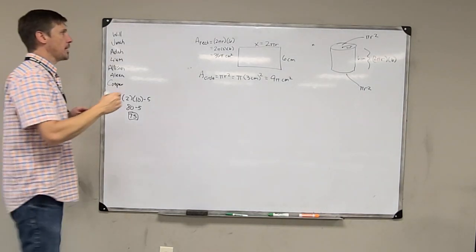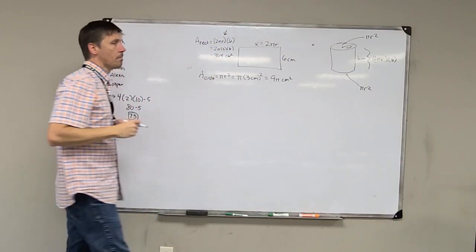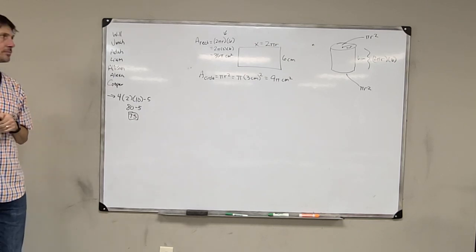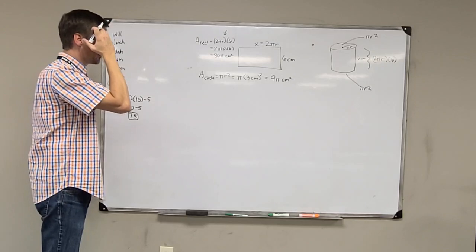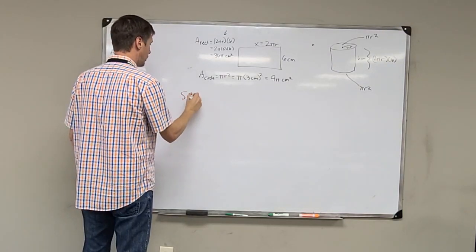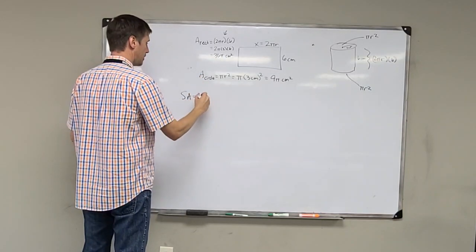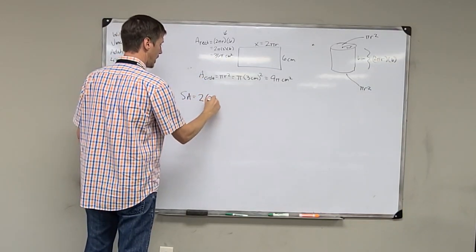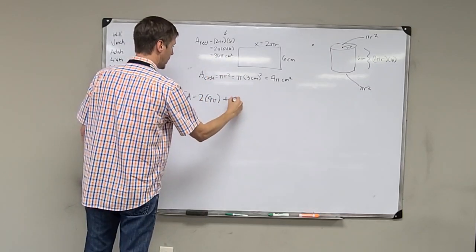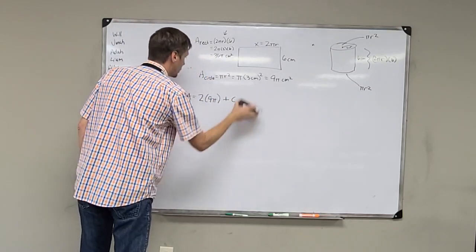Did I lose anybody with the math for that? Everything's multiplied together, so we can multiply it in any order, right? I just had to multiply 2, 3, and 6 together to get the 36. And I'm leaving the pi in there as a variable at the moment. And so what's my total surface area? My total surface area is going to be 2 times the area of the circle, so 2 times 9 pi, plus the area of the rectangle if we unravel this guy, which is 36 pi.